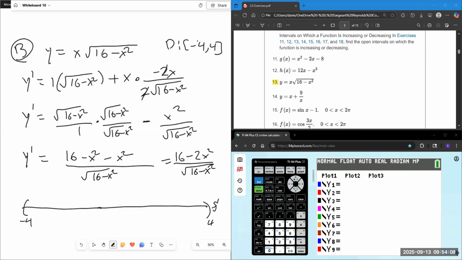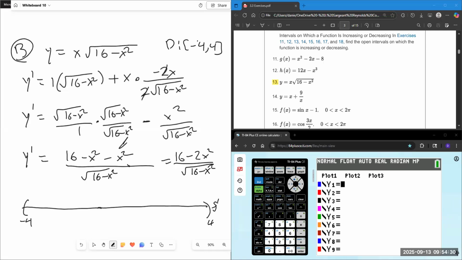The zeros of the numerator are going to be 2x squared is equal to 16. So if 2x squared is equal to 16, x squared is equal to 8.